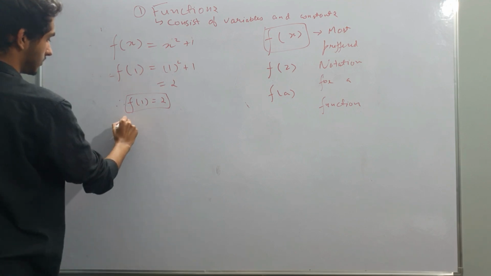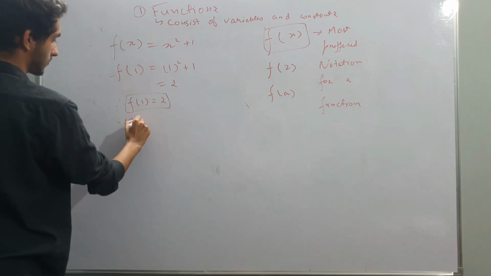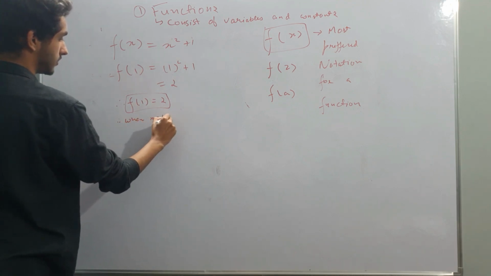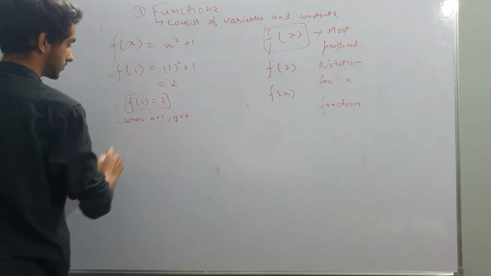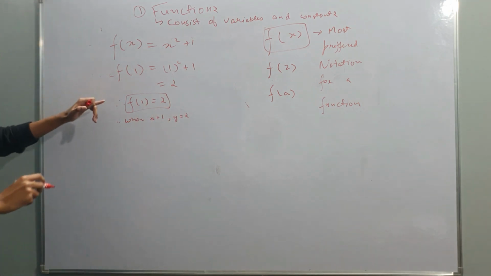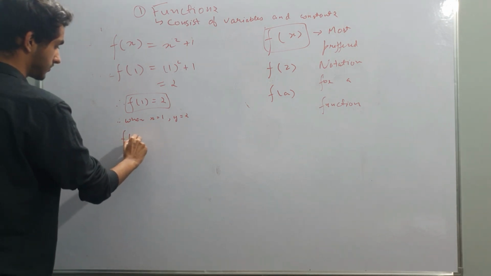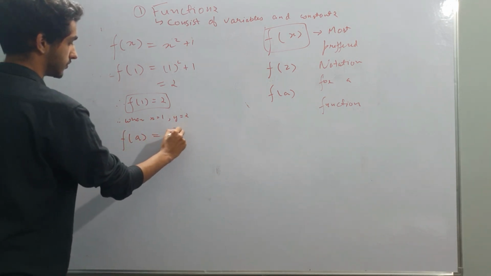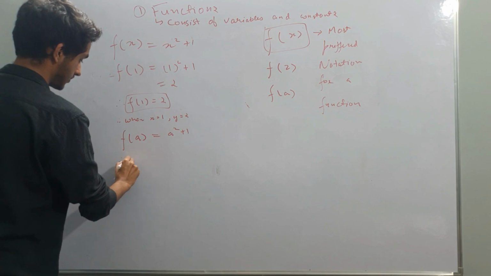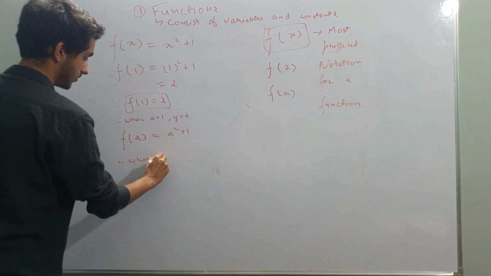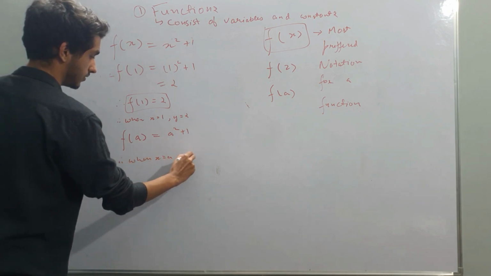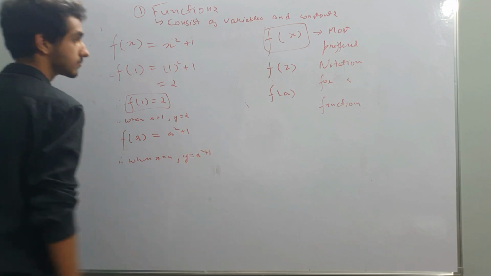That means when x is equal to 1, y is equal to 2. And similarly, we can replace x as another variable. We can also do that. Would be a square plus 1. That means when x is equal to a, y is equal to a square plus 1.